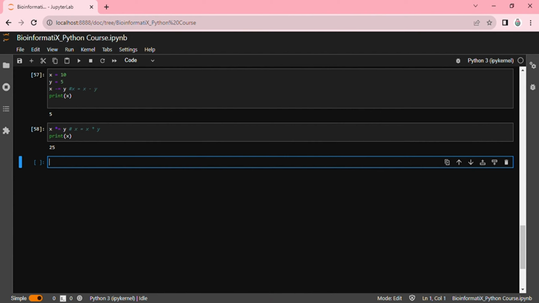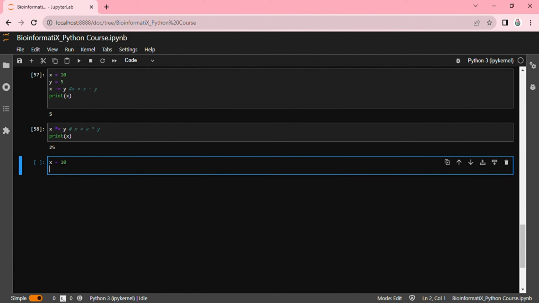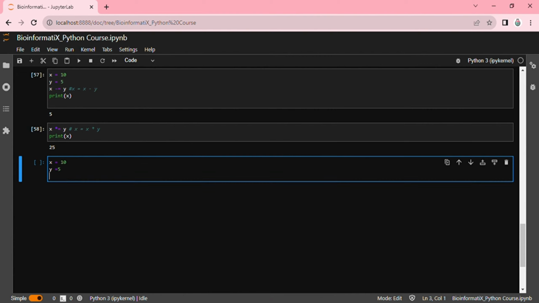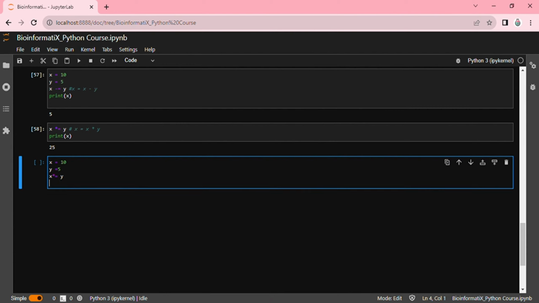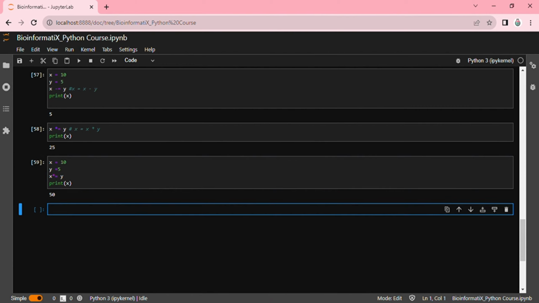Because in the last code, Python calculated x to be 5. So 5 times 5 gives us 25. But when we perform the code again and we write x equal 10 and y equal 5, x times equal y, now it should be 50. Print x gives us 50.